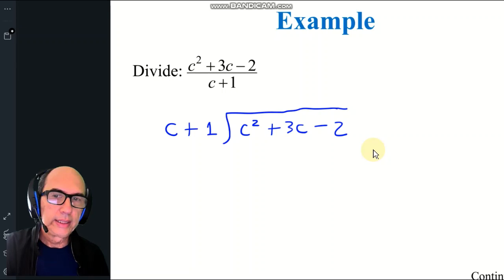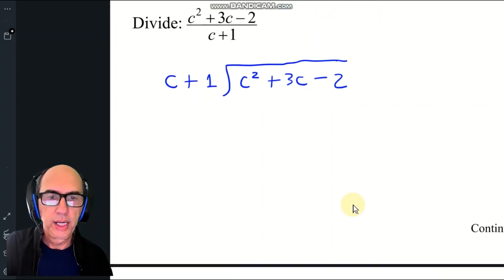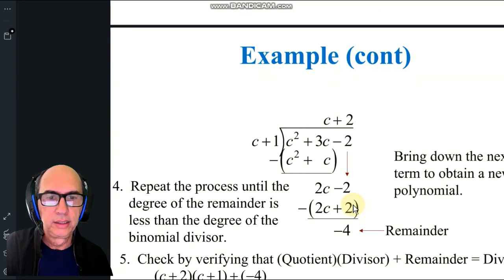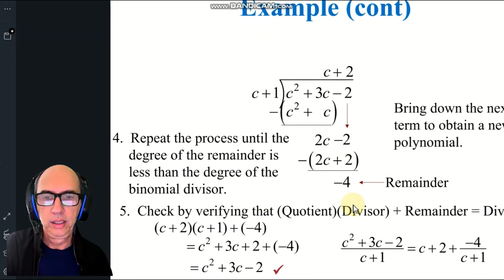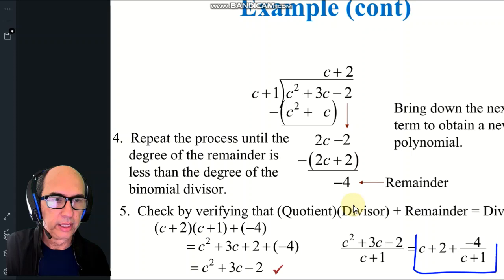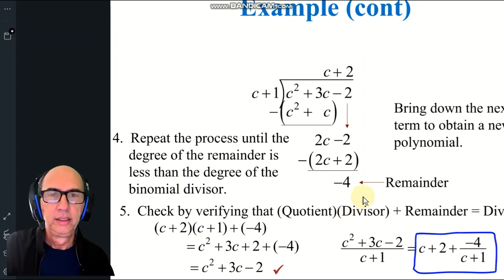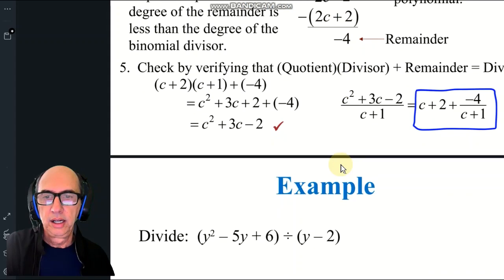Okay, use the same step by step and check if you have any remainders. That's what you will find at the end. This is going to be the final answer, so you can check. All right.